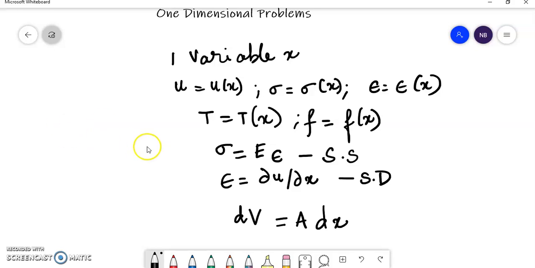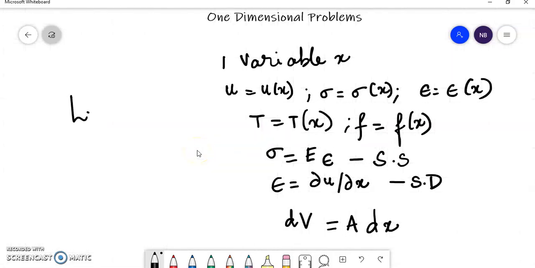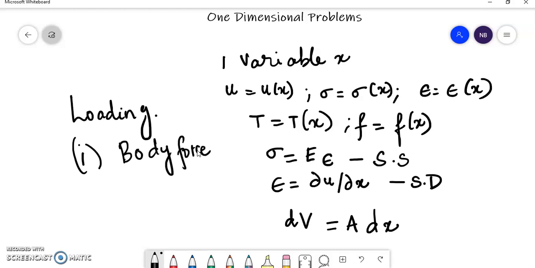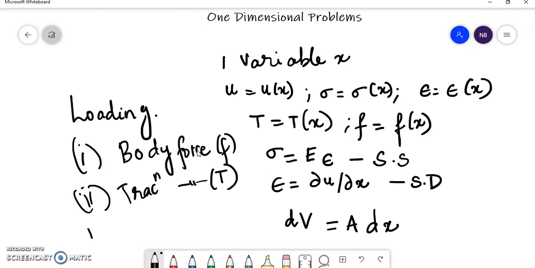The loading, as we have discussed before, consists of three types. The first type is body force, which is small f. The second type was traction force, which was denoted by capital T, and the third one was point load, which we denoted by P suffix i.